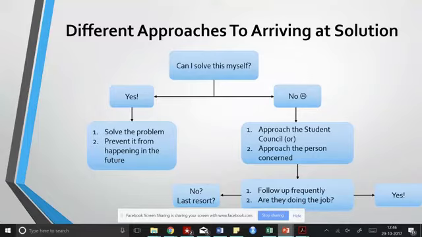So once you're done conveying the issue to someone, the next most important thing is to follow up. And this is something that people neglect so many times simply because they just don't have the time. But unless you follow up, nobody's going to take you seriously. Because think about it.